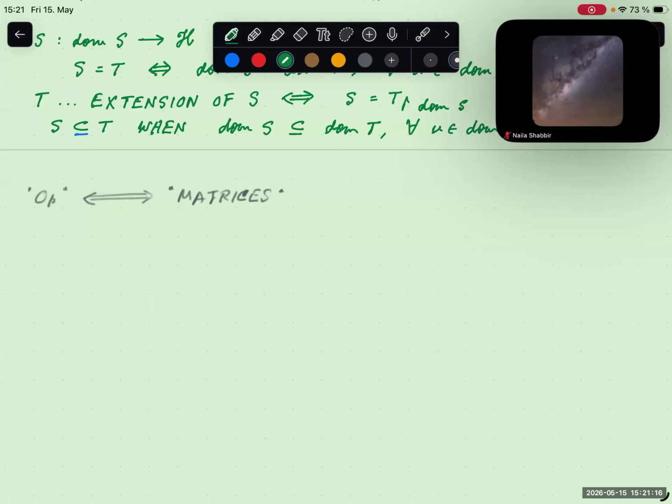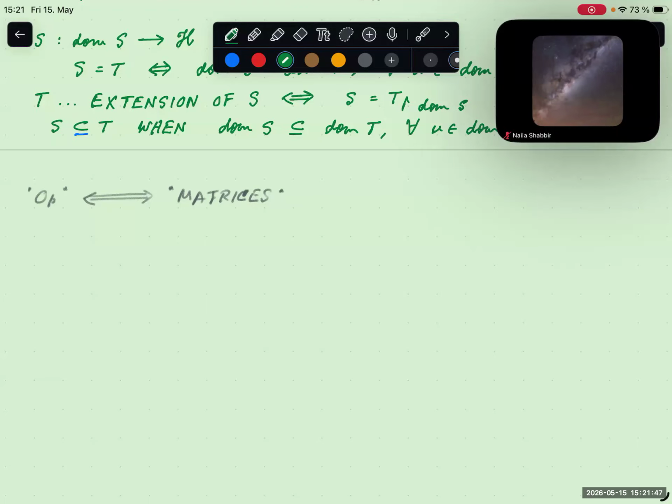Now, if we have a bounded operator, and again we have a Hilbert space, we can write it in a basis, and then for a basis, we can have a matrix representation. However, this matrix is infinite dimensional, right? Because your Hilbert space is infinite dimensional, so you will have a matrix which has an infinite number of rows and infinite number of columns.